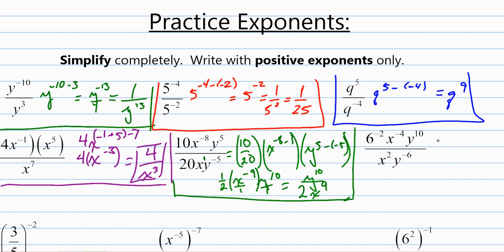So, I have a 6 to the negative 2. That's going to be multiplied by an x to the negative 4 minus 2. And a y to the 10 minus negative 6. And you see how I ran out of room there? So what I'm going to do is I'm actually going to switch places.